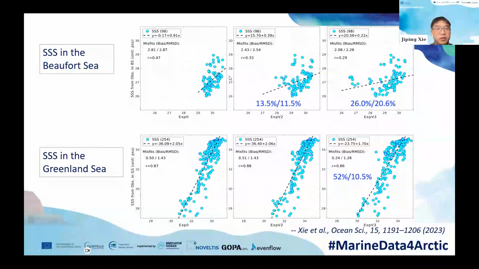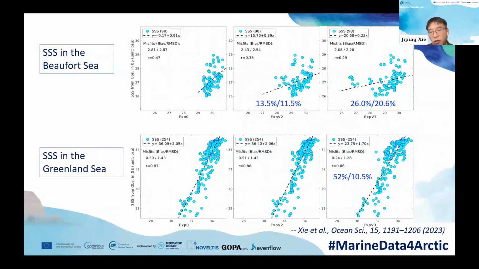And in separate regions, for example the Barents Sea and the Greenland Sea, we plot all the surface salinity using scatter plots. On the left is the control run, the middle is assimilating version 2, and the right column shows the assimilation of version 3.